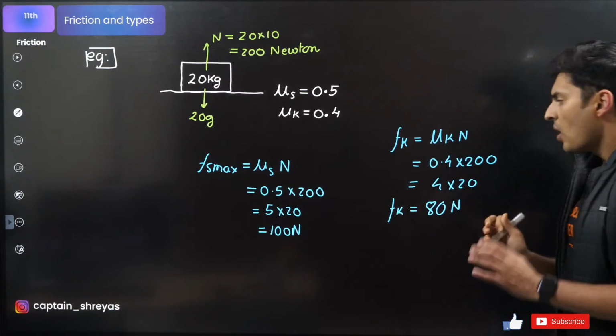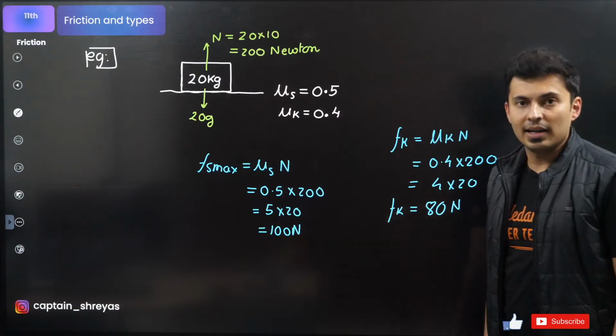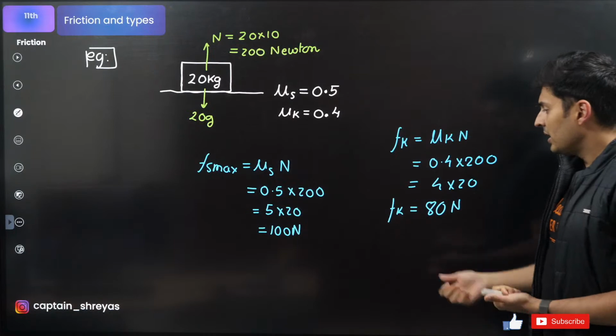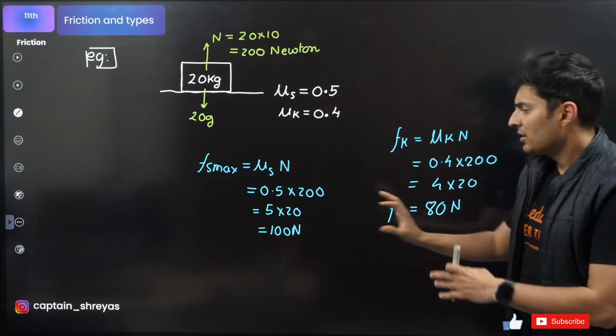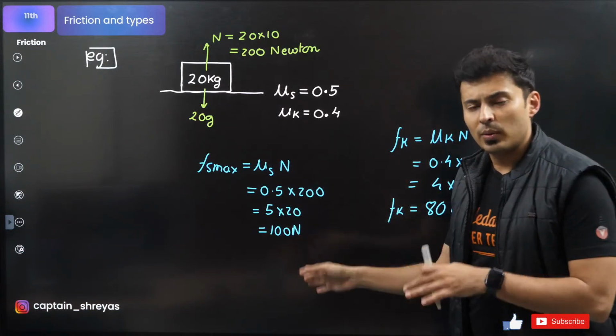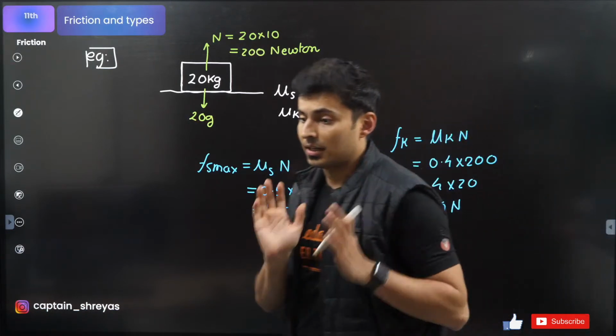So if somebody asks you how much minimum force you need to start the motion, the answer will be 100 newtons. If you see that it is already in motion, then the force of friction will be 80 newtons. So this is for kinetic, this is for static. Maximum can be 100, it can even be 20, 30, 40, 50, 60 newtons. This is the maximum limit of the static friction.